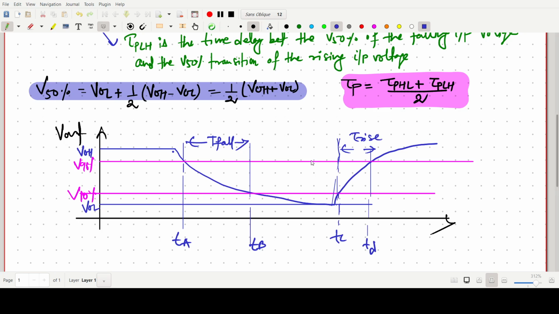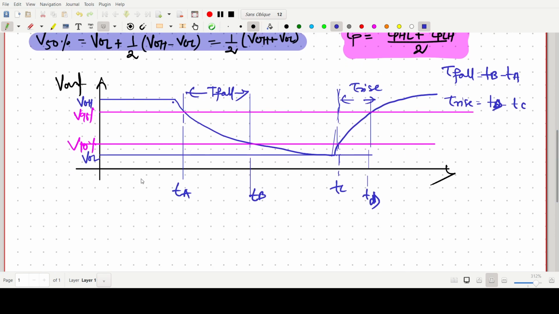So T fall is simply TB minus TA, and T rise equals TD minus TC. It may also be 20%, 40%, so you can define like this.